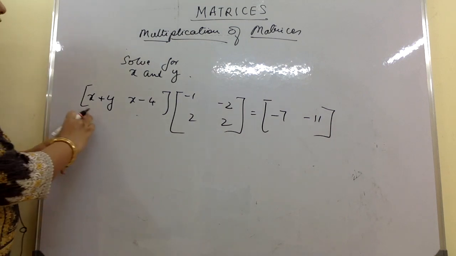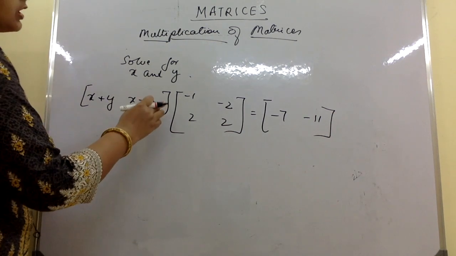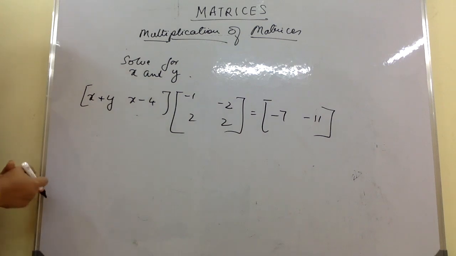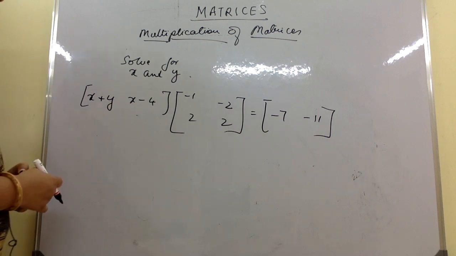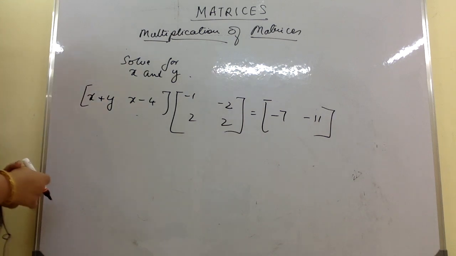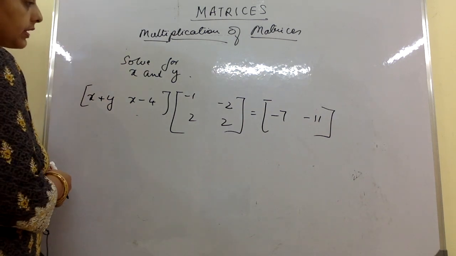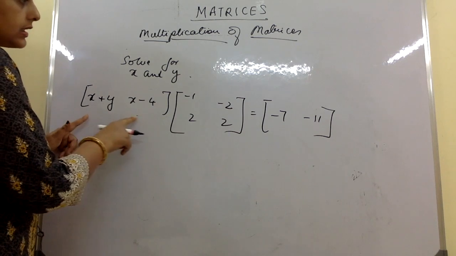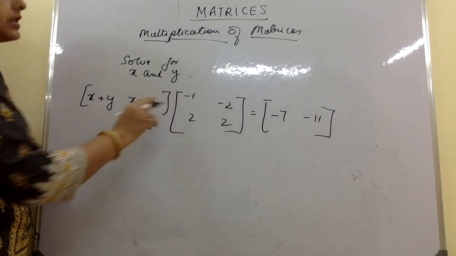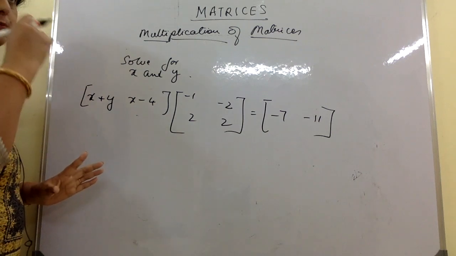Okay, so here number of rows is 1 and number of columns is 2. But then what is the test of compatibility? Compatibility test says number of columns in A is equal to number of rows in B. Number of columns in A, which is 2, is equal to number of rows in B, then fine, we can go ahead and multiply.